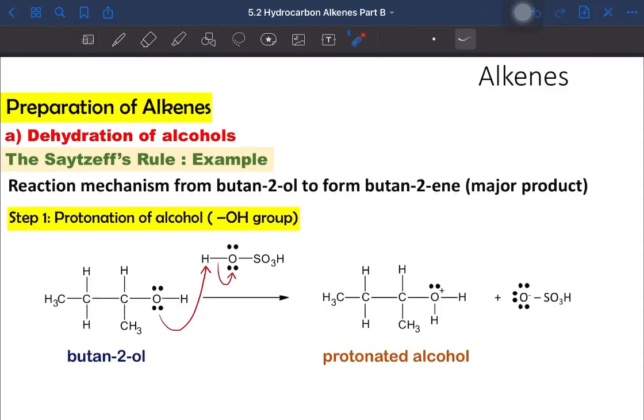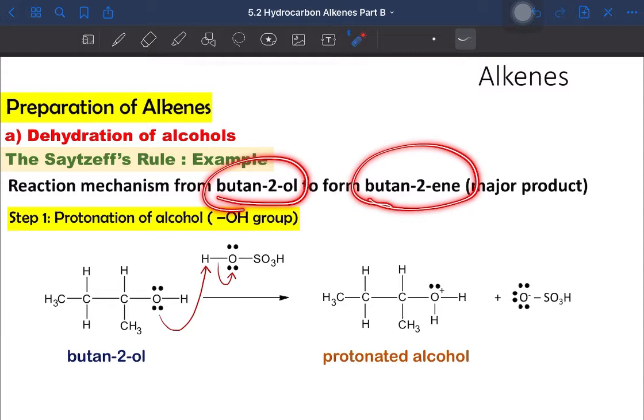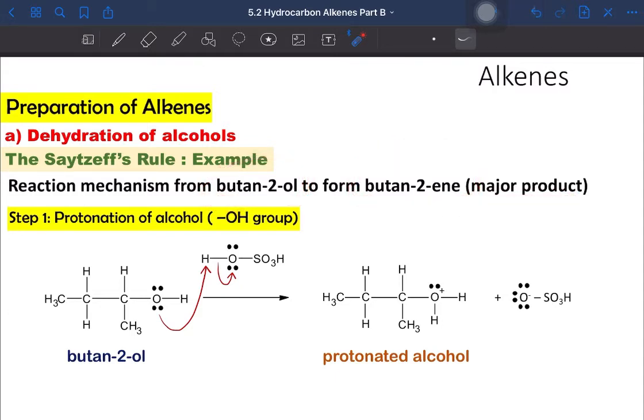Because this one has more alkyl groups attached to the carbon-carbon double bond. Now let's look at the reaction mechanism for the dehydration of alcohol, for 2-butanol to form 2-butene, which is the major product. So the first step for this reaction mechanism is the protonation of alcohol. In the presence of strong acid, the OH group in this alcohol will form a bond with this hydrogen from the acid to become protonated.